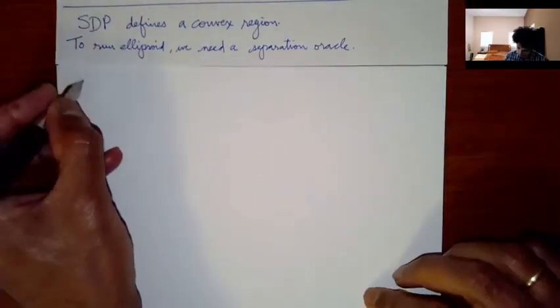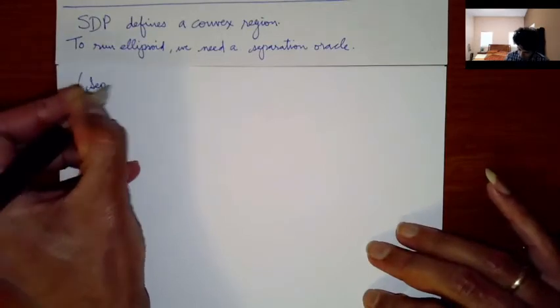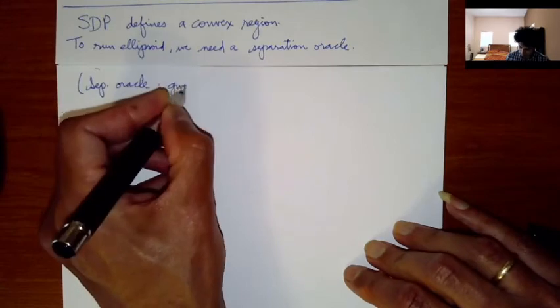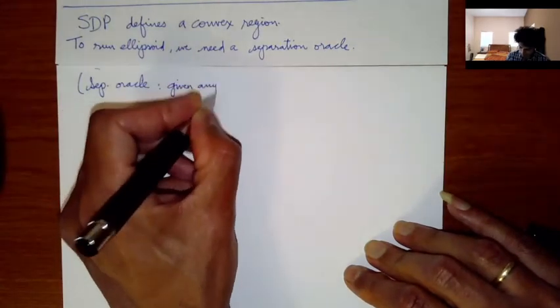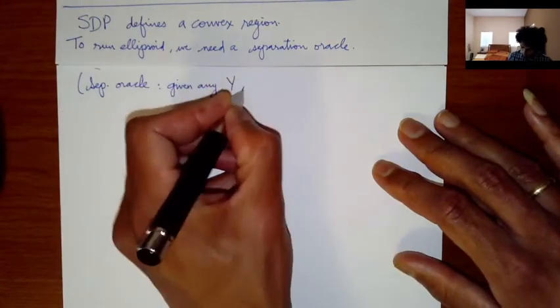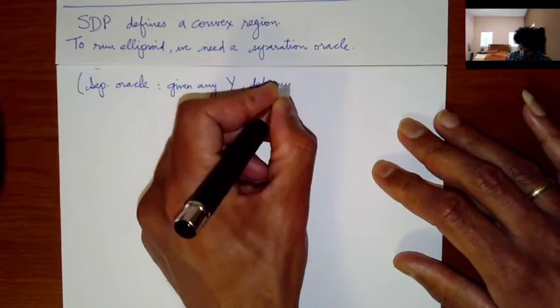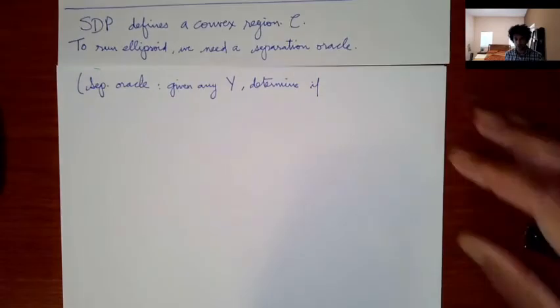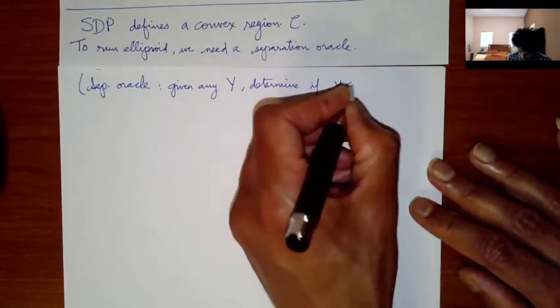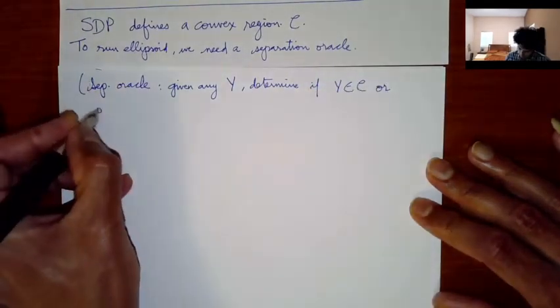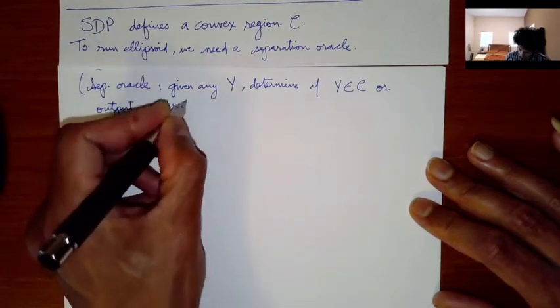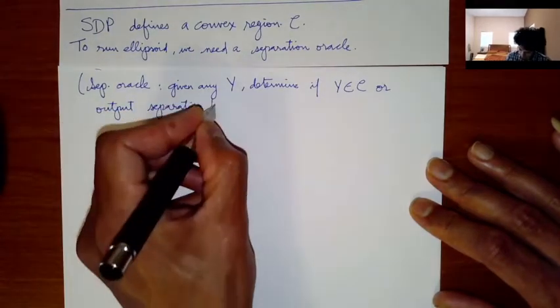Just reminding you, a separation oracle is, given any y, determine, so it defines a convex region, which I'll refer to as script C, determine if y is in C, or output a separating hyperplane.